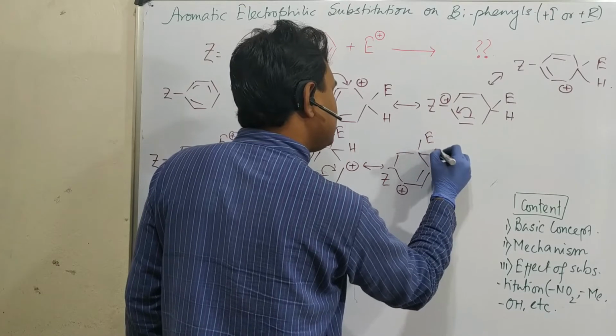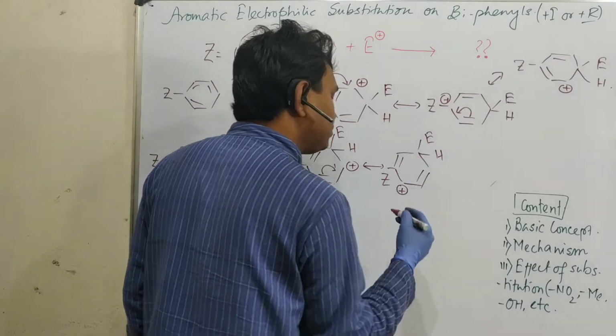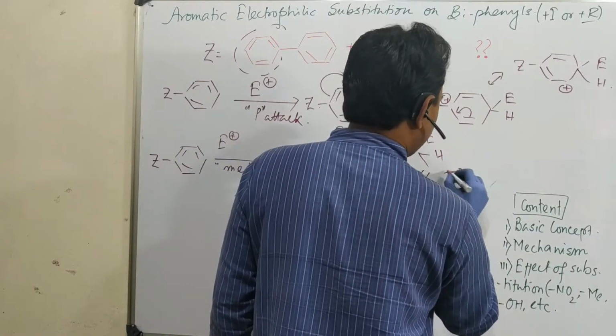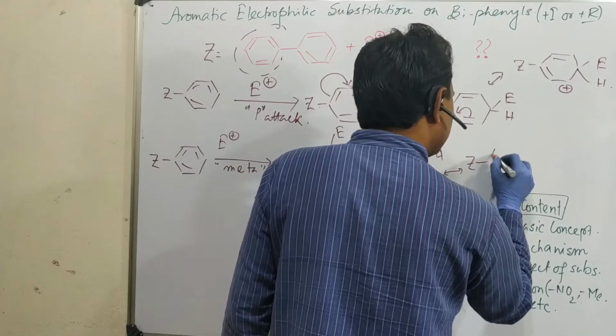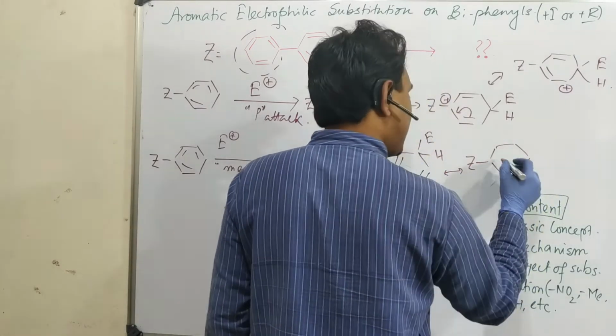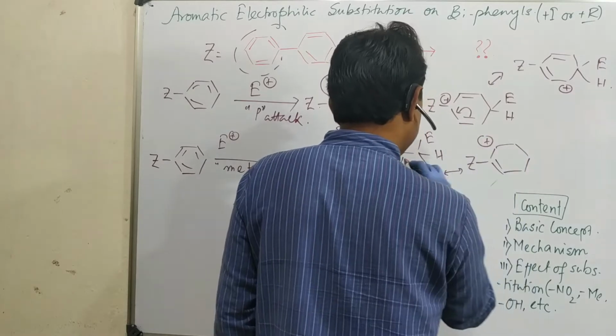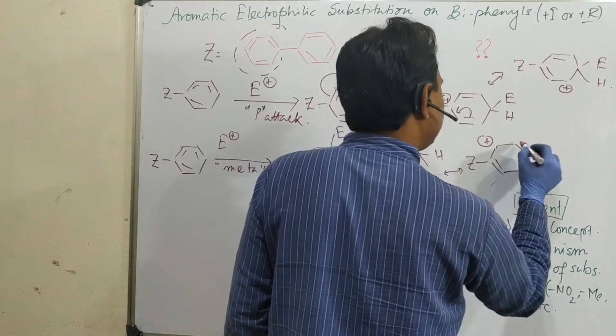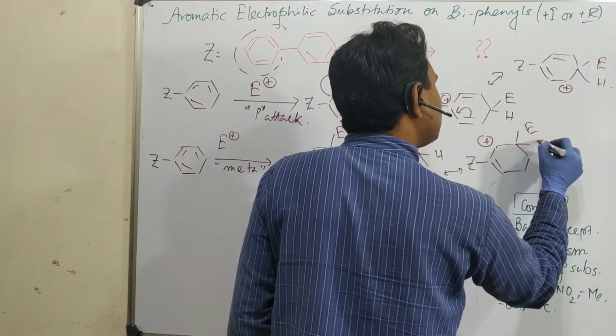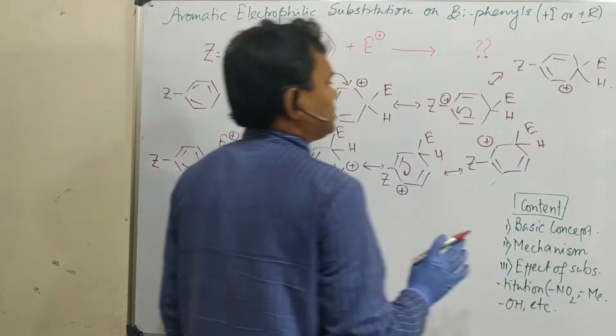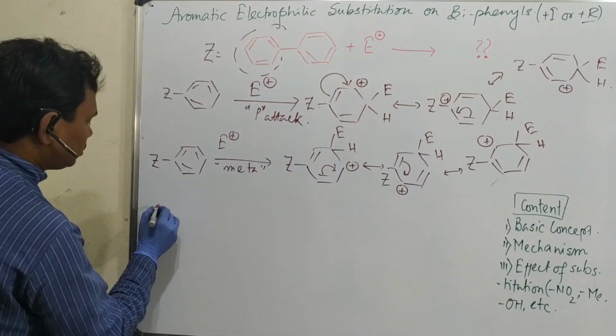This is E. I am going very fast, I know, because I have already described this. If you feel any difficulty, please go through the previous video where I explained this very slowly. So it will come here, this is E and H. This is the meta, and what is the ortho?